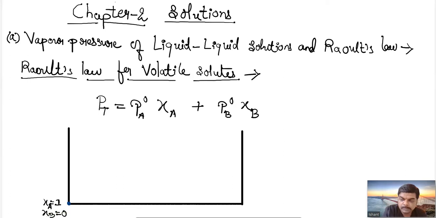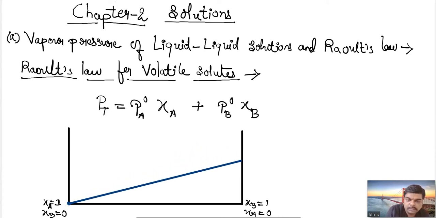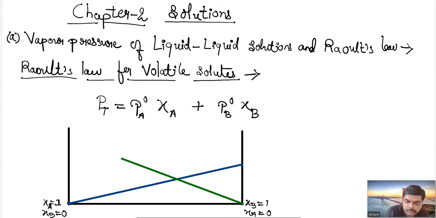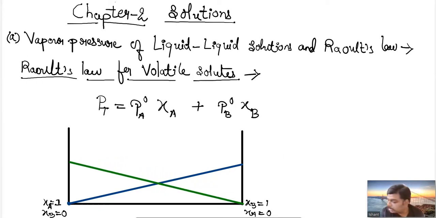And here the mole fraction of B component is 1, while the mole fraction of A component is 0. If I draw a line with a green color for XA, it will look like this.